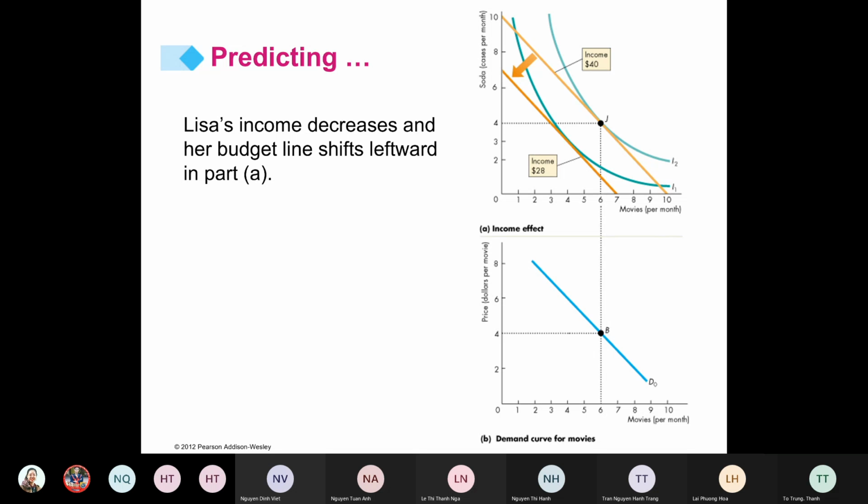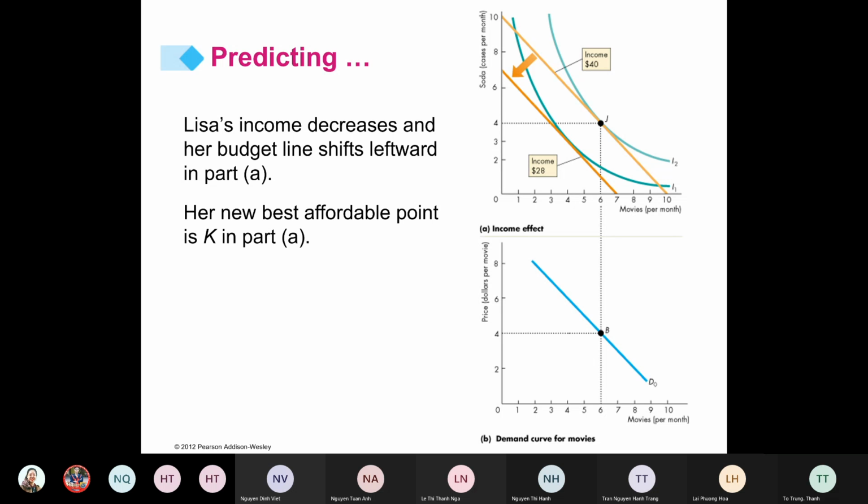We follow the same rule. The best point is when the budget line is tangent to the indifference curve. So we have to draw another indifference curve that is tangent to the new budget line.